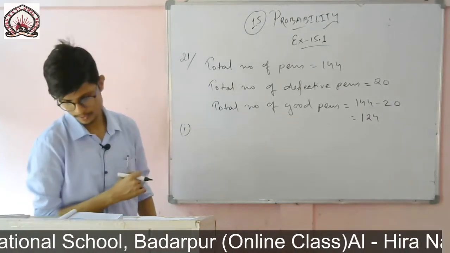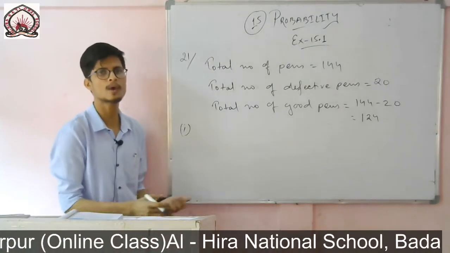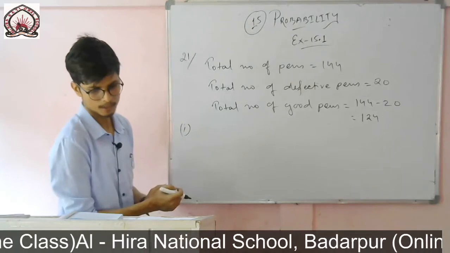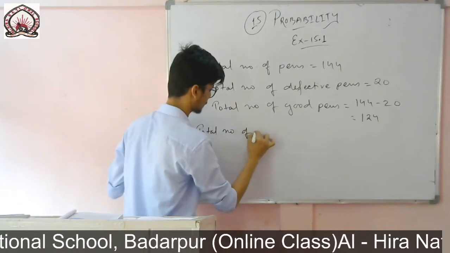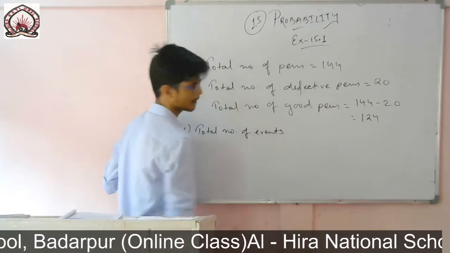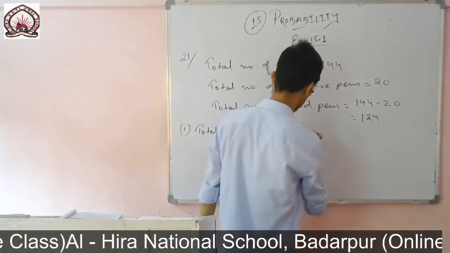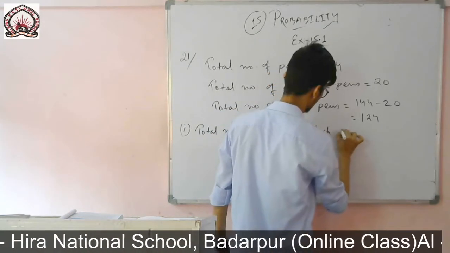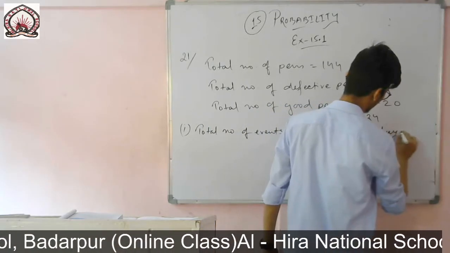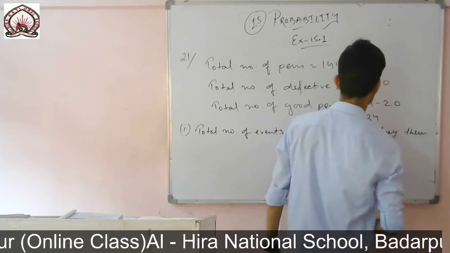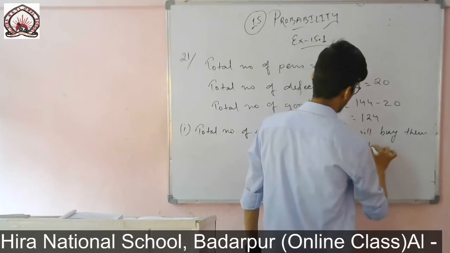The first one is to find the probability that she will buy it. She will buy only when the pen is a good one. So the total number of events in which she will buy them is equal to 124.